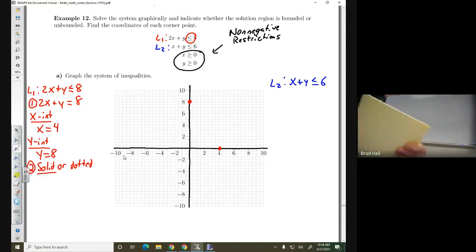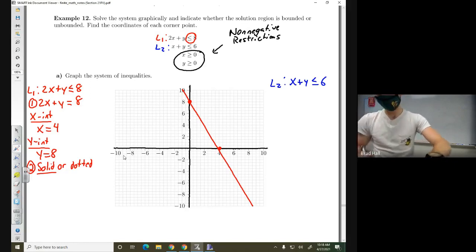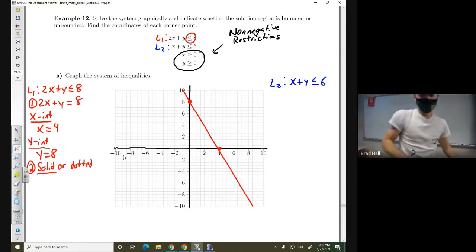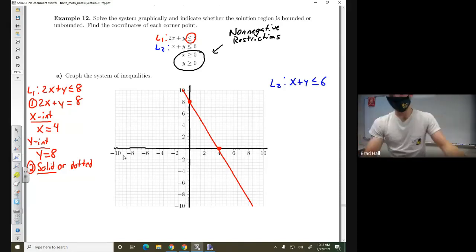So we can go ahead and draw a solid line. Okay. And I'll hold off on the shading until we plot the other line.